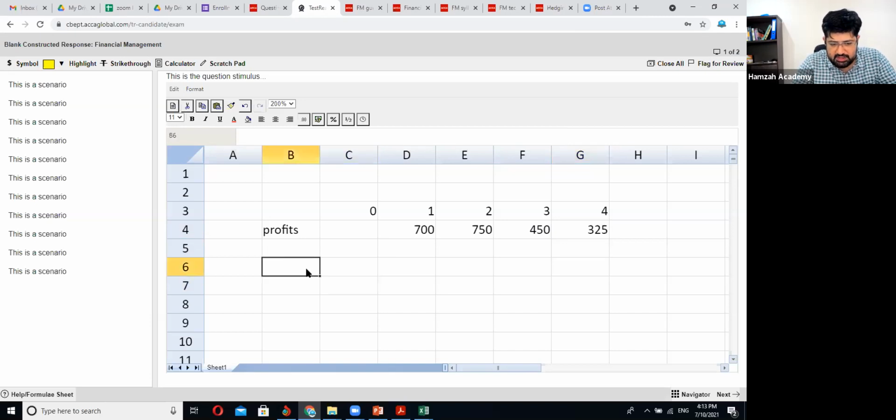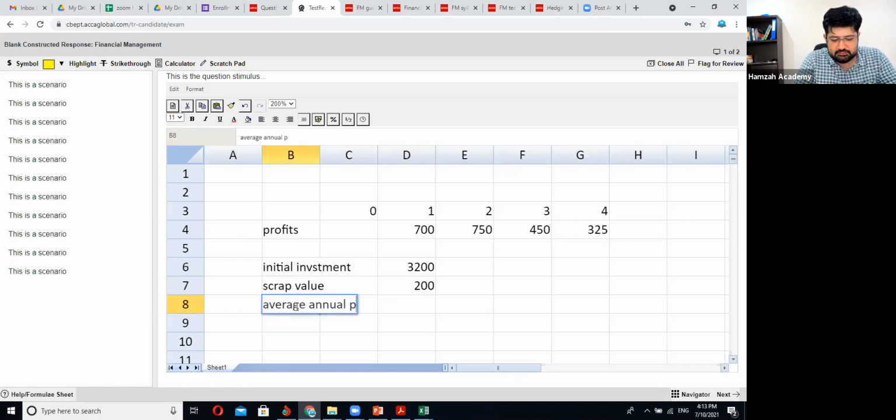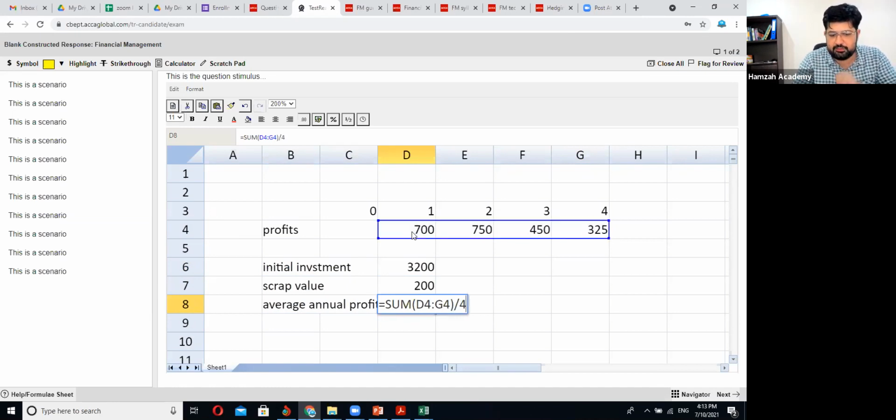Initial investment is, for example, 3,200, and scrap value is 200. Now, average annual profit: how to calculate? Sum from this to this, simply divided by 4.